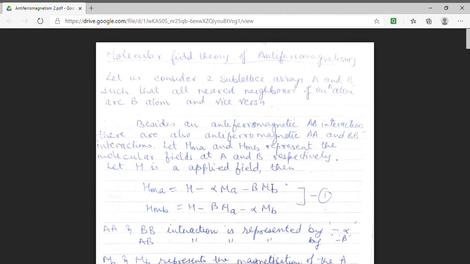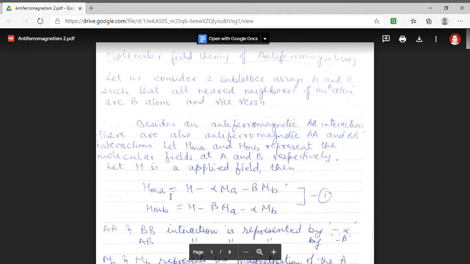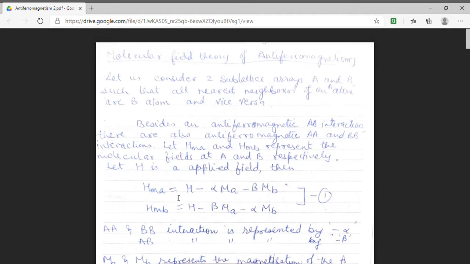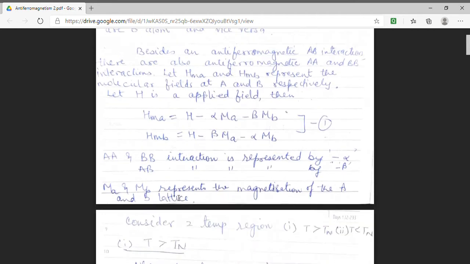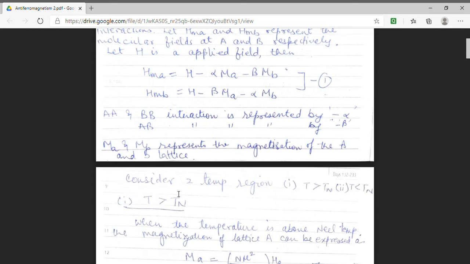Similar is for HMB. We have obtained these two values of field at A and B sublattice, and we have also considered in our last lecture the temperature range T greater than Tn. Here Tn is the Néel temperature.